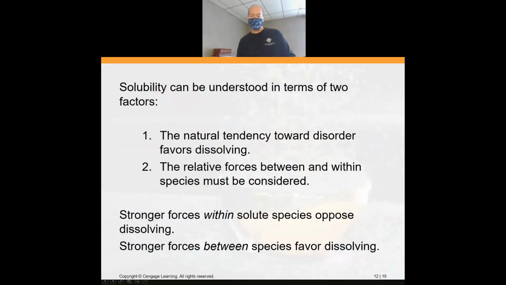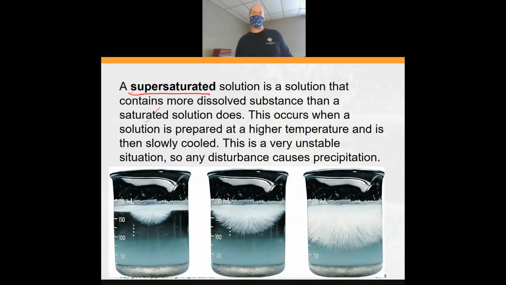You have to do that very slowly because your supersaturated solution is very unstable. If you shake it or move it in any way, it will quickly precipitate out. If it was the 40 grams of sodium chloride, it'll precipitate out the 4 grams. For this example, they're using a lot more than 4 grams.